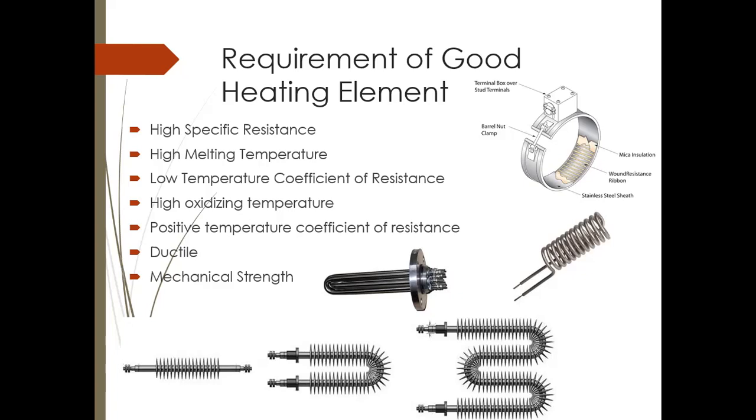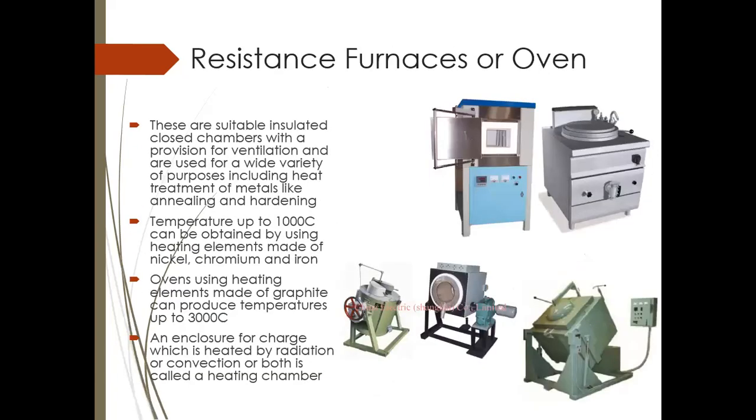Next we will move to resistance furnaces or ovens. These are suitably insulated closed chambers with a provision for ventilation and are used for a wide variety of purposes, including heat treatment of metals like annealing and hardening, stoving of enameled wares, drying and baking of potteries, vulcanizing and hardening of synthetic materials, and for commercial and domestic heating purposes.